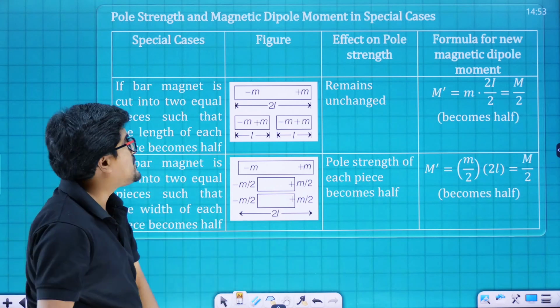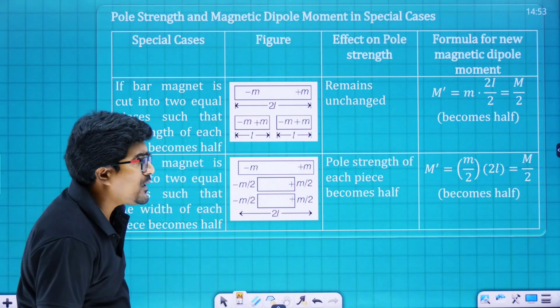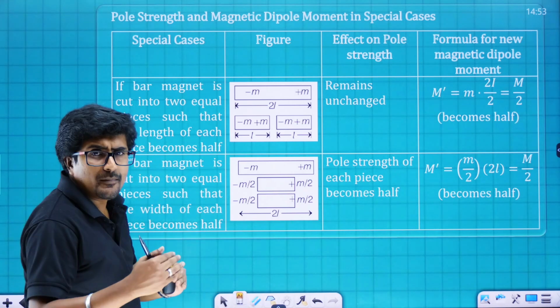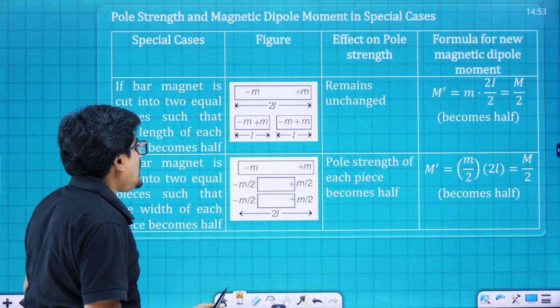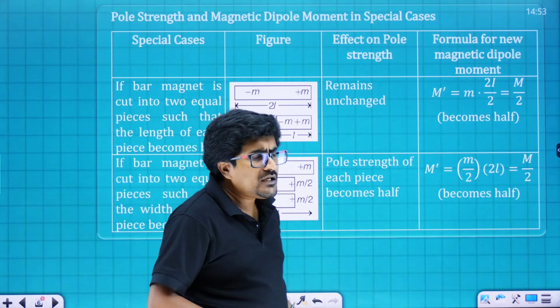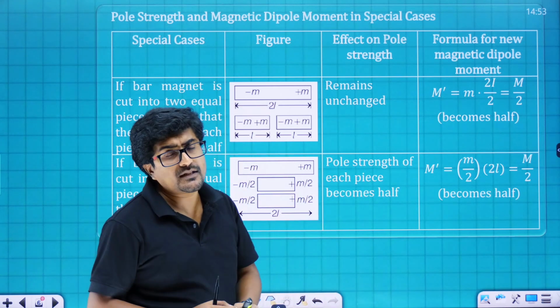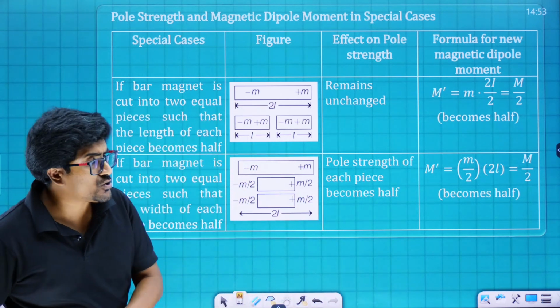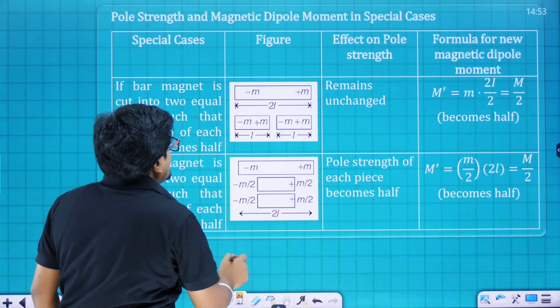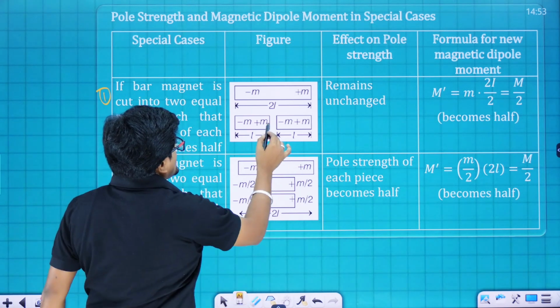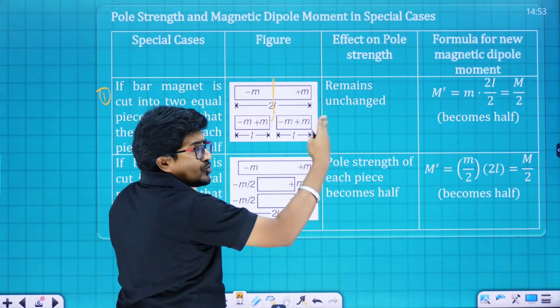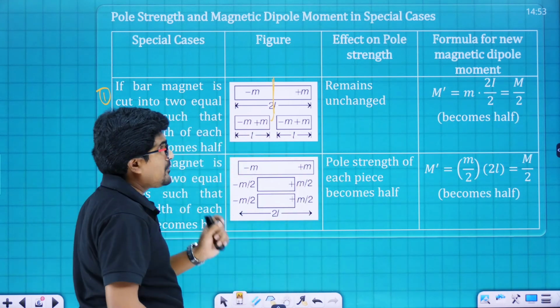Now comes some special cases: how to calculate the magnetic dipole moment for a given magnet under certain conditions. Initially we have a bar magnet whose pole strength is small m and distance of separation is 2L. In case number 1, the magnet is made into two halves like this. One part is there and another part is there.